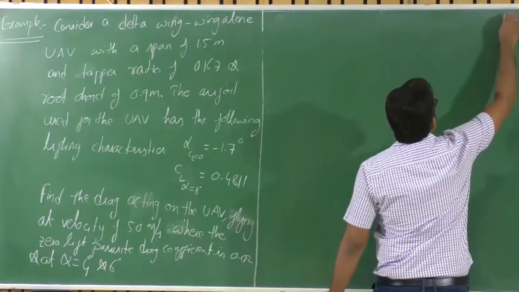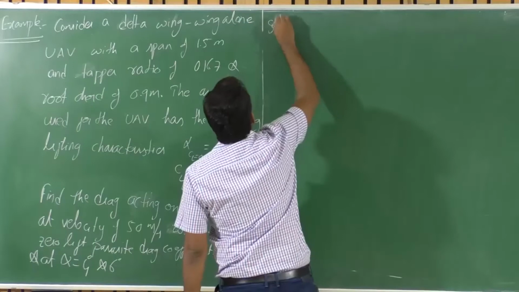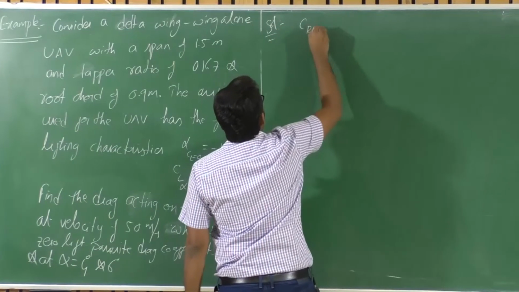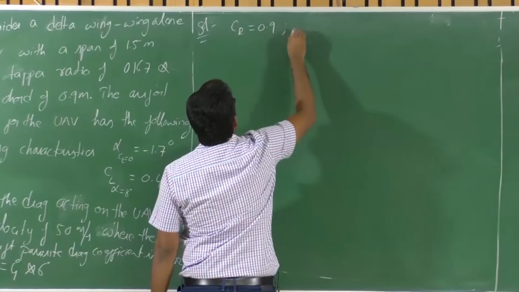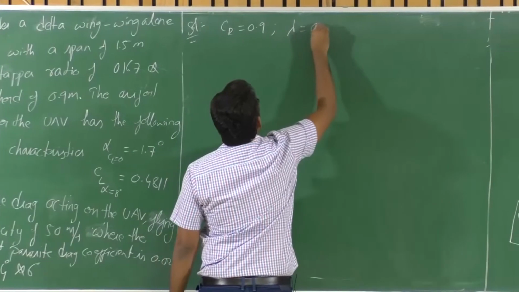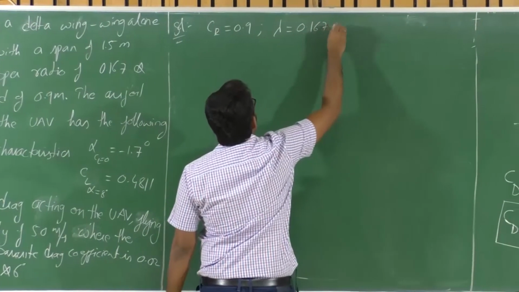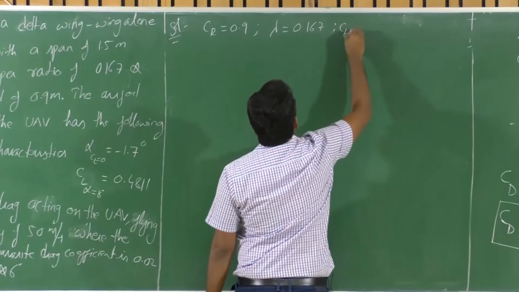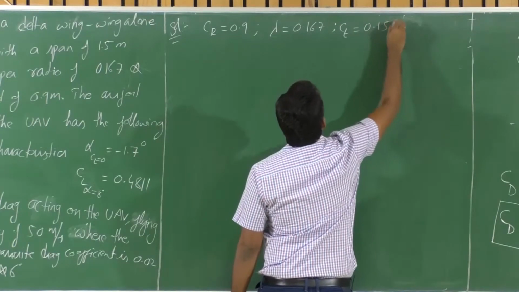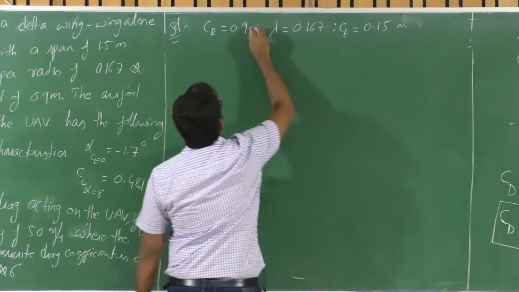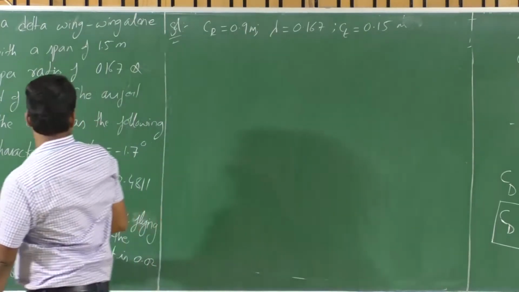What we got to know from the given data is CR is 0.9 meters, lambda is 0.1667, and CT will be approximately 0.15 meters.